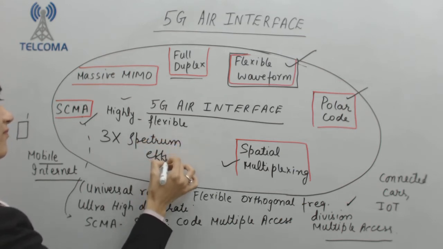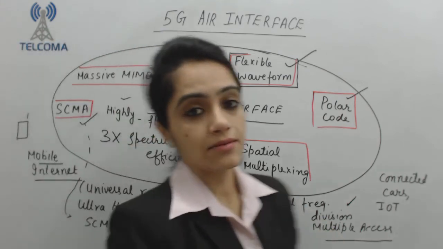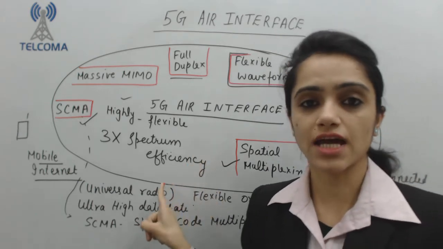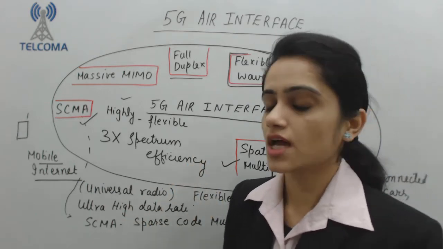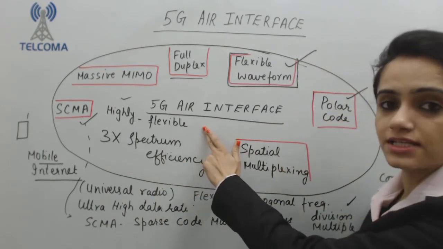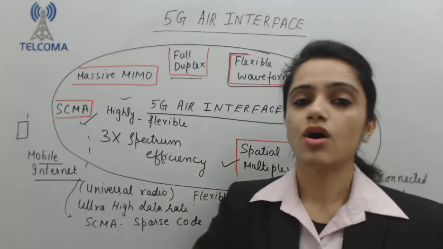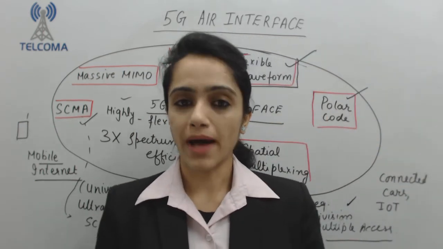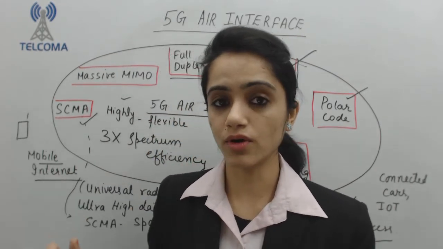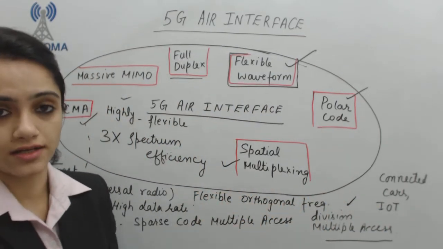As my aim for the 5th generation is that my spectrum should be efficient as well as energy efficient, this air interface is flexible in nature, but I require to increase the efficiency of the spectrum almost 3 times compared to the previous generations. 3 times I require a more flexible air interface or spectrum efficient air interface.